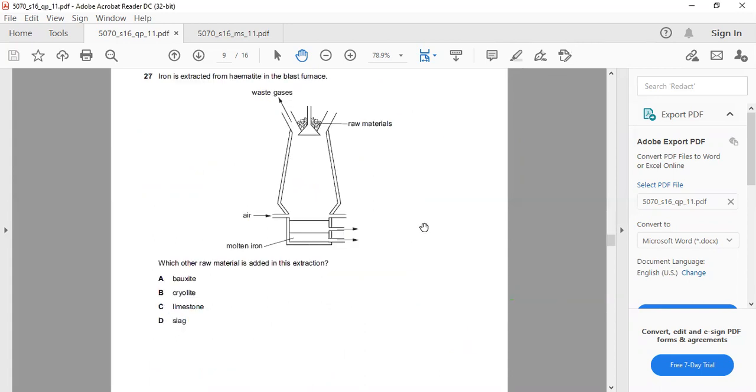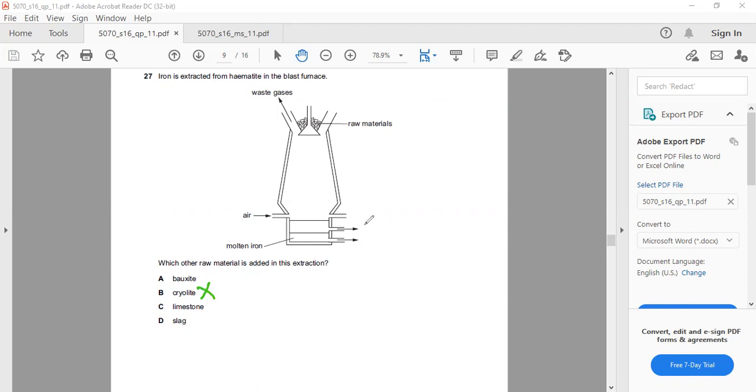27. Which other raw material is added? Waste gases, raw materials. It's a very simple, straightforward question. Which one can you very easily say is wrong? Cryolite is used in aluminium.